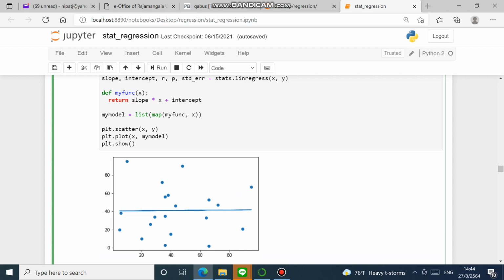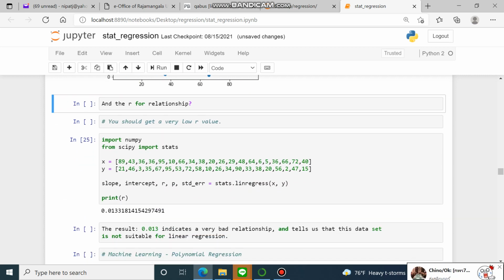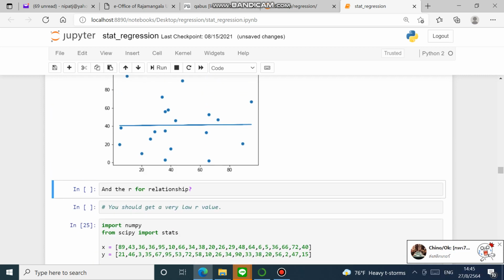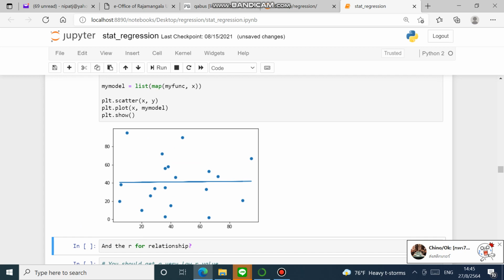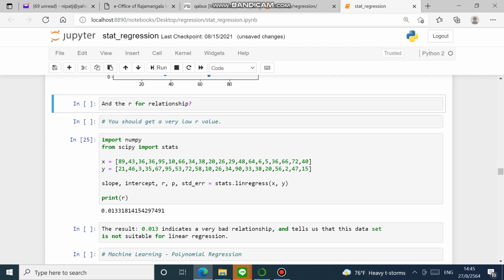So when we draw a linear regression line, it shows a line that runs in parallel with the horizontal axis, the x-axis. We plot the regression line first, and then we compute R to confirm what we have seen.